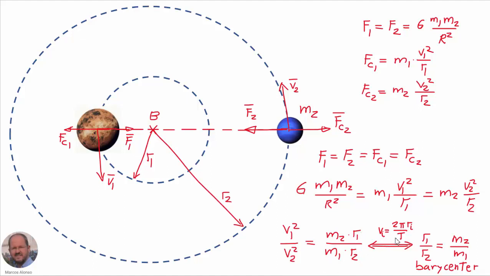And if we take into account this expression for the linear speed of the planet on its orbit, then we can obtain finally this conclusion that the ratio of the radii R1 over R2 has to be equal to the ratio of the masses M2 over M1, which at the end is the condition of the barycenter.